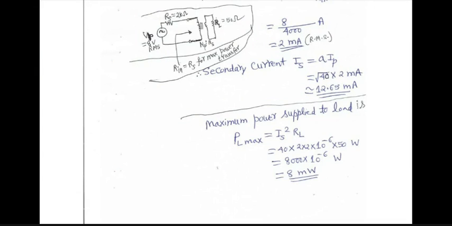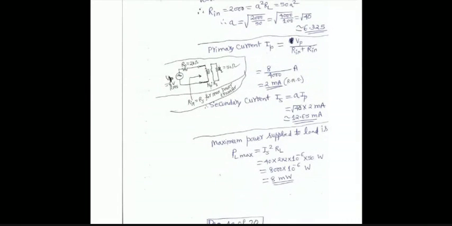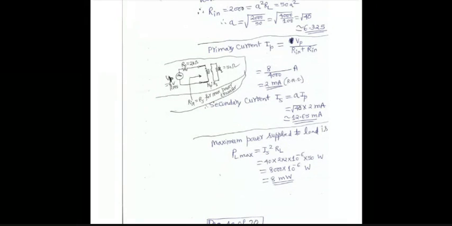Other thing you can do is maybe plot the value of Is square RL versus small a. A lot of investigations can be done using the basic theory. And there also, you will see that the peak of the total power dissipated in load will occur when small a happens to be approximately equal to square root of 40.